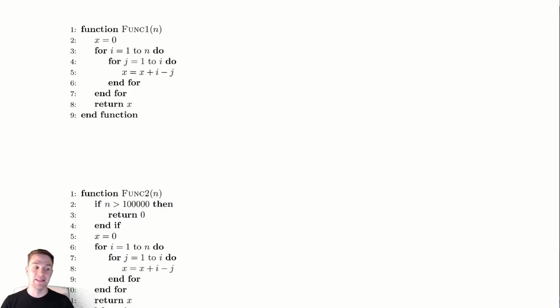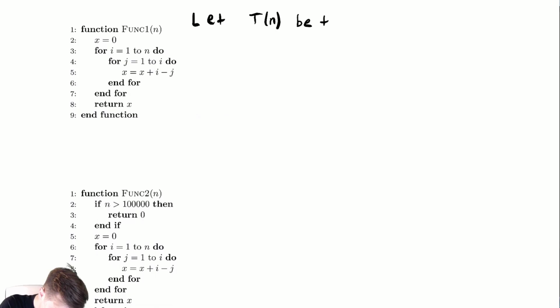Hello everyone. In this video we're going to begin our discussion of how we can use asymptotic notation to understand the runtime of functions. So here we have a function, func1, the ever creative name, and we're going to analyze how long it takes. We're going to begin by saying let t of n be the running time.